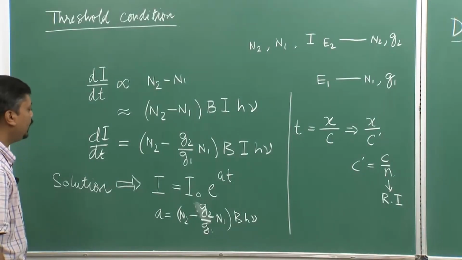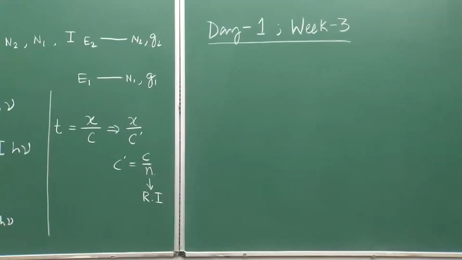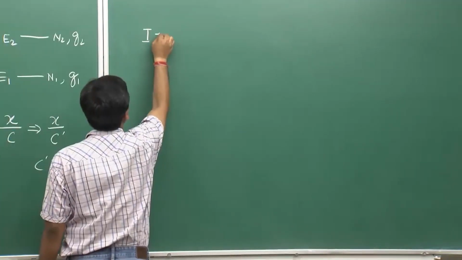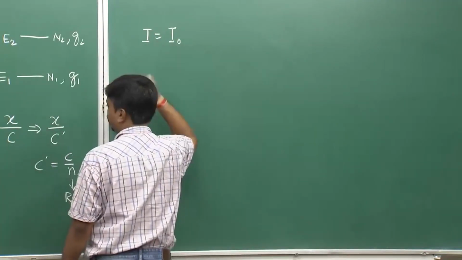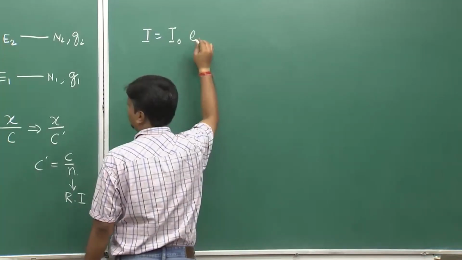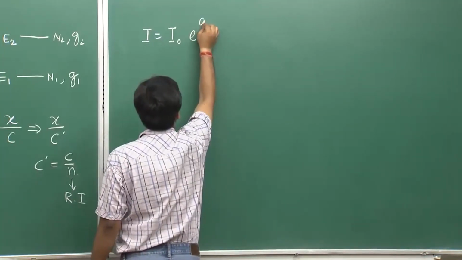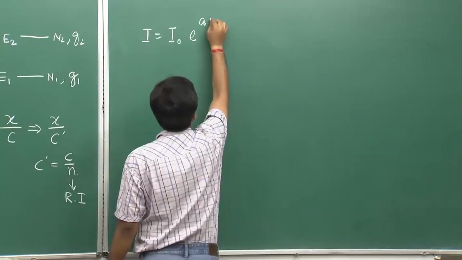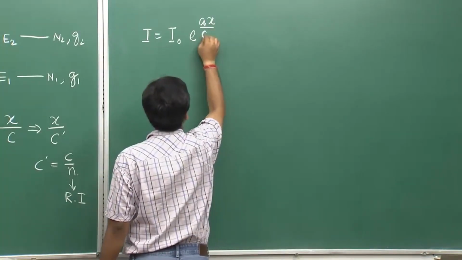We can write I equals I0 times e to the power a x by C prime.